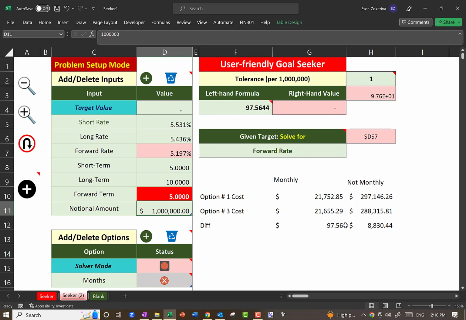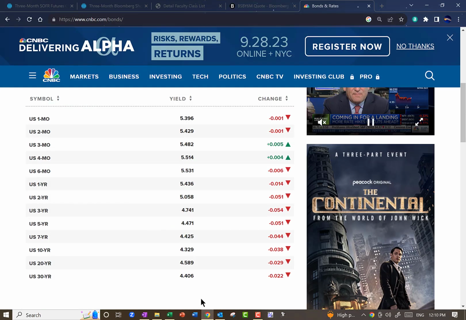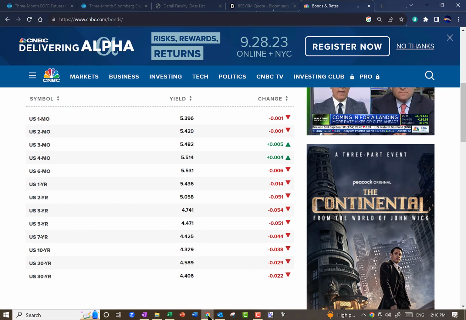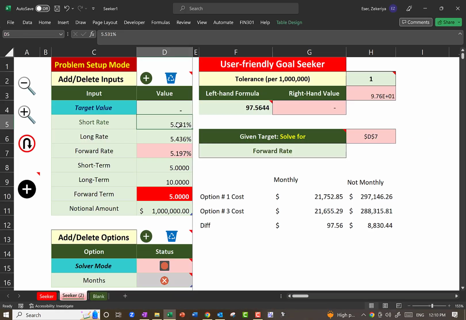All I have to do is go back to solver mode. So that's 411. So market is thinking that in the longer term, 5-year rates are coming down. That shouldn't be surprising to anybody. I mean, by then, Fed would have been done with their rate increasing cycle.